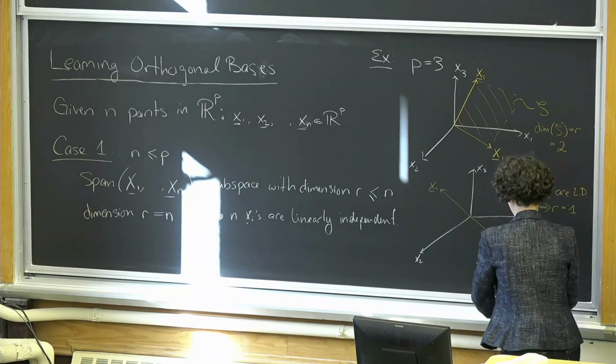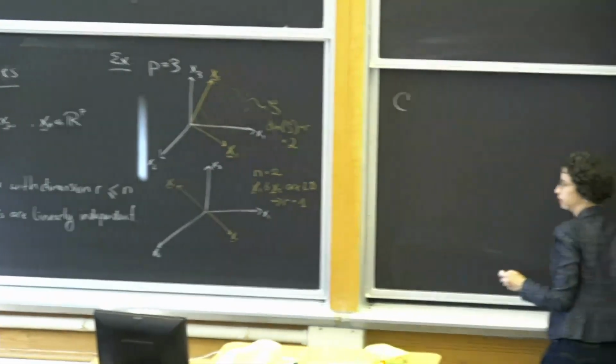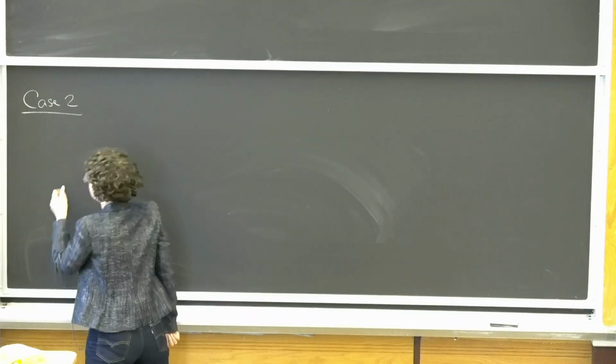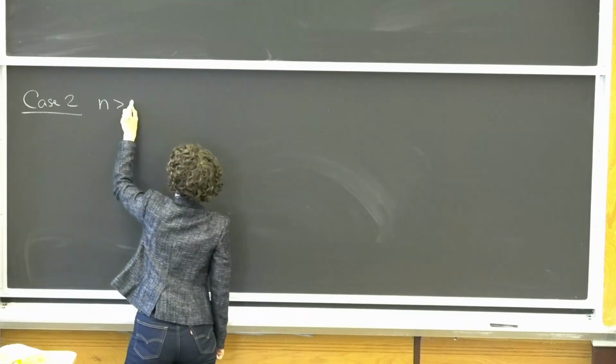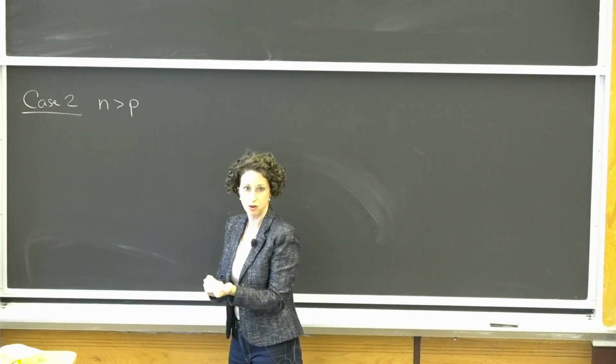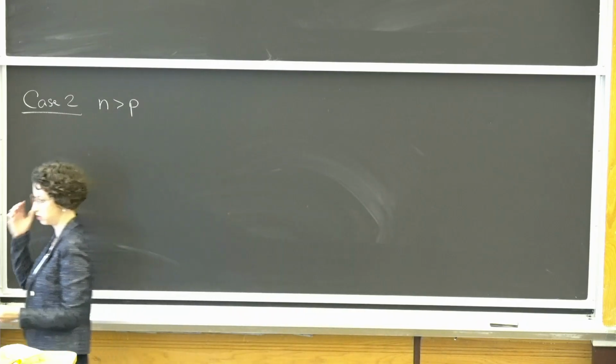All right. So then the second case I want to consider is where n is greater than p, where we've got, for instance, a large number of points in a relatively low-dimensional space.